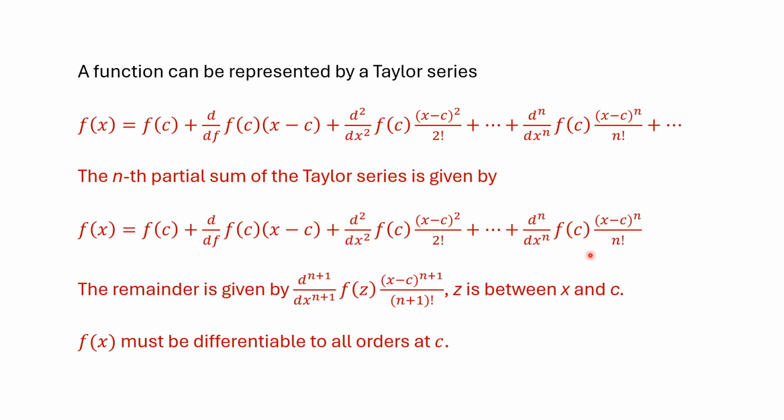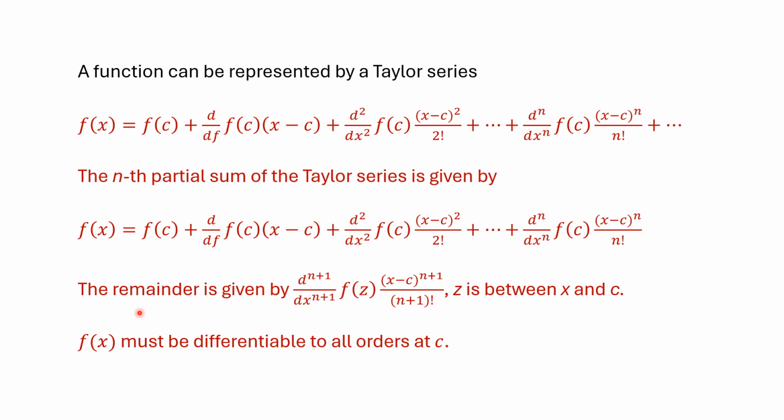So you can look at the difference of the last two terms, and you can see how well the convergence is at that point. The remainder is to pick a z in the interval of convergence between x and c, and evaluate f at z and take the n plus first derivative and multiply that by x minus c to the n plus 1 over n plus 1 factorial.